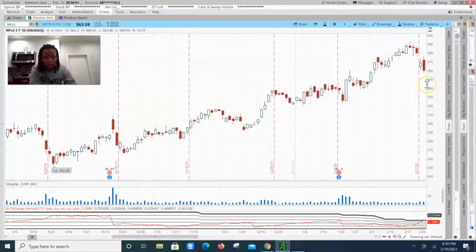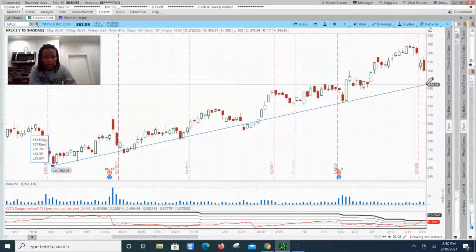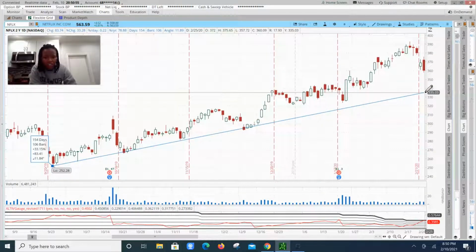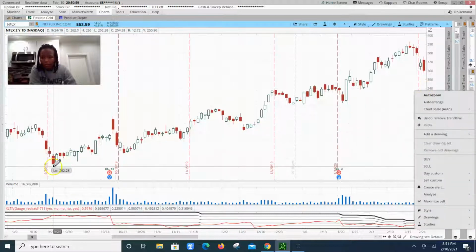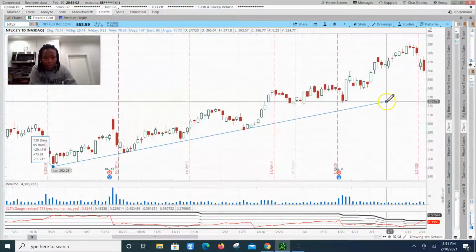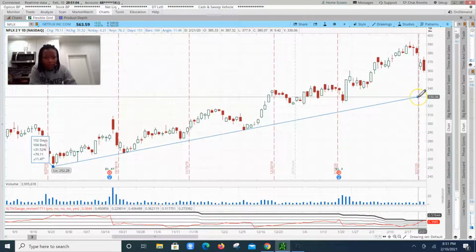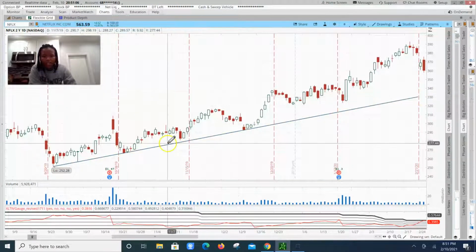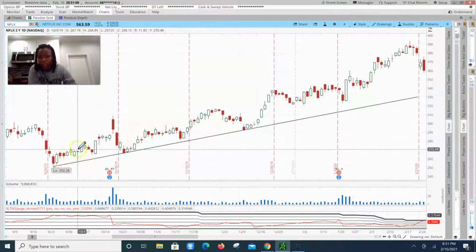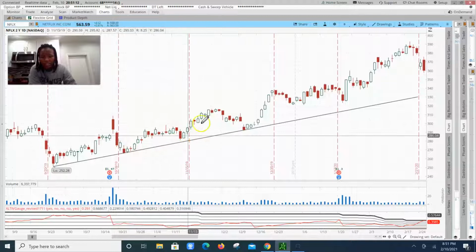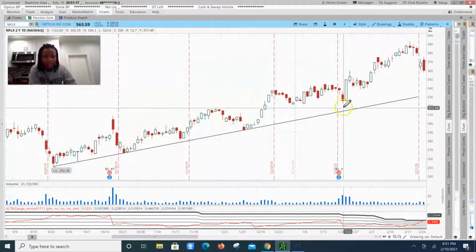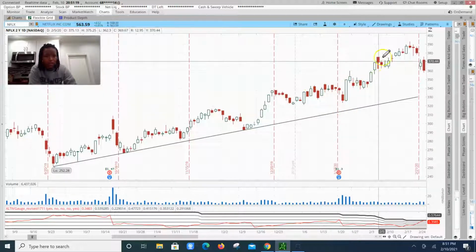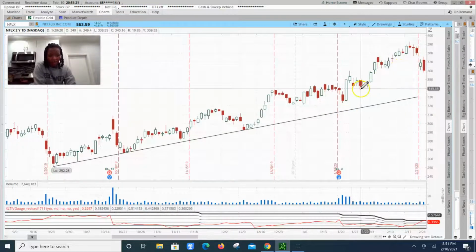So the theory of this trend line is when price goes up, it comes down, touches it, bounces, comes down, touches it, bounces, and so on, and then bounces up.